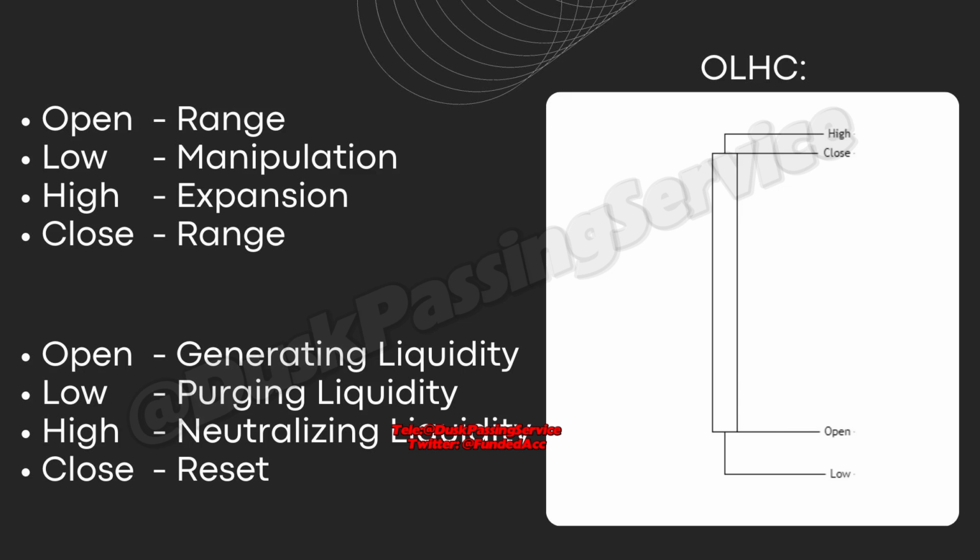You're going to use that fact as a filter to differentiate between lower probability conditions and higher probability conditions, and you know that a ranging profile or a range is a lower probability condition for you, so you're going to stay away from the charts at the start of the opening time, or whenever liquidity is being generated above a key level or below a key level.